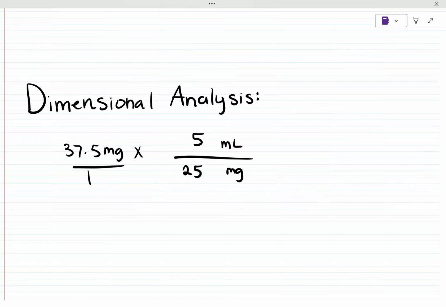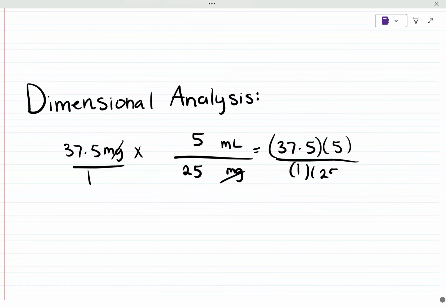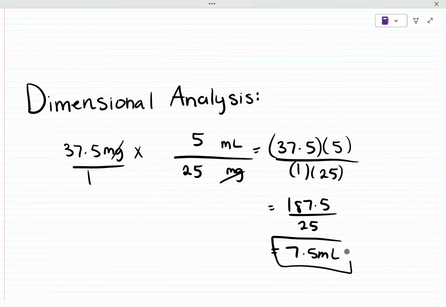The milligrams disappear, so I have 37.5 multiplied by 5, over 25. So that is 7.5 milliliters. Not rounding to the nearest tenth, so yeah, you're good.